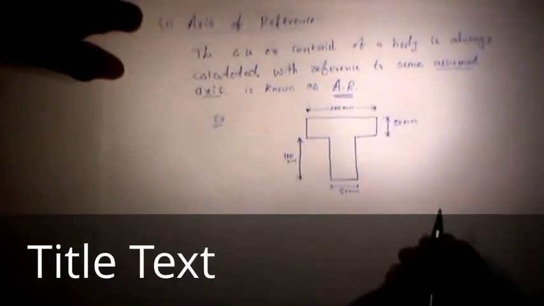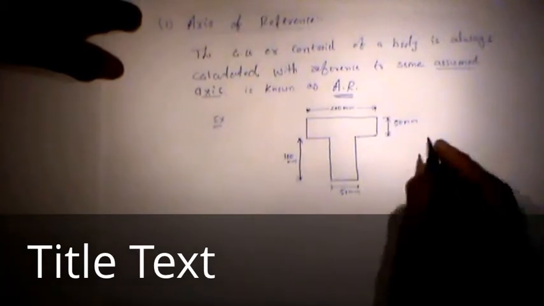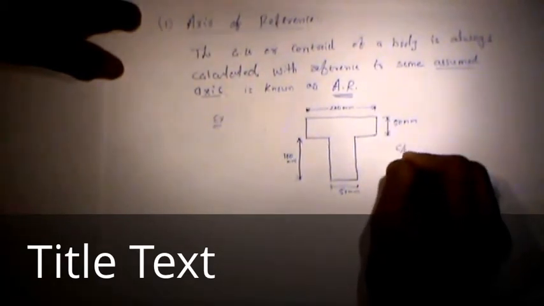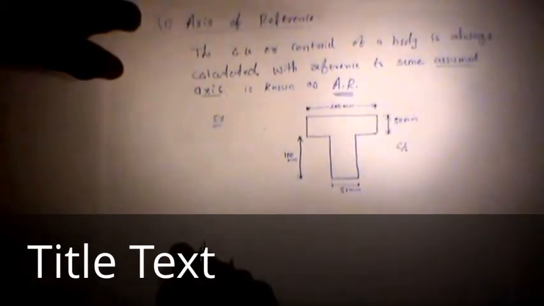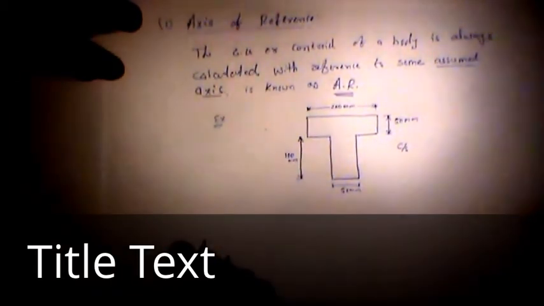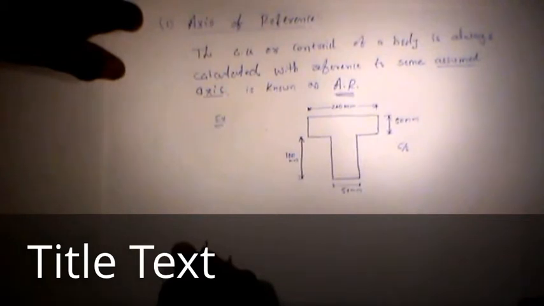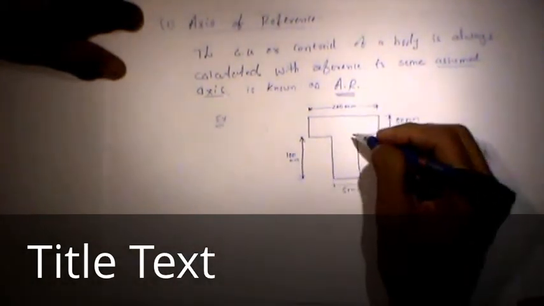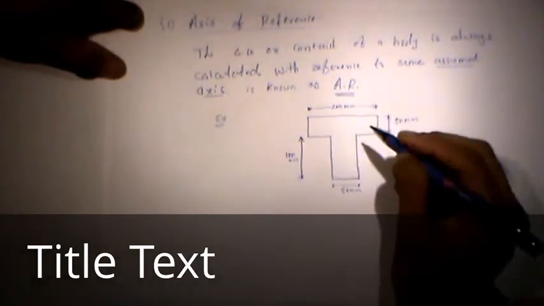This is the cross section of a T beam, and we want to know the center of gravity or the centroid of this particular plane.